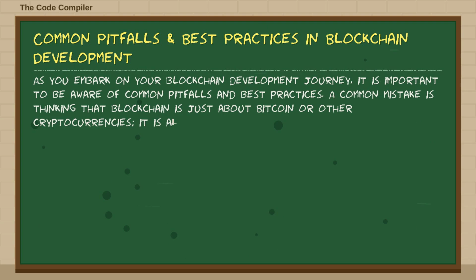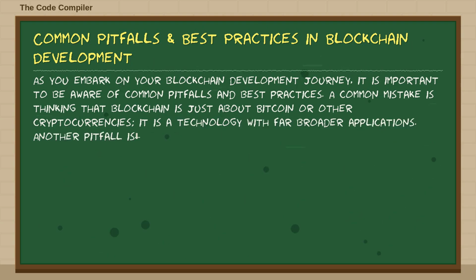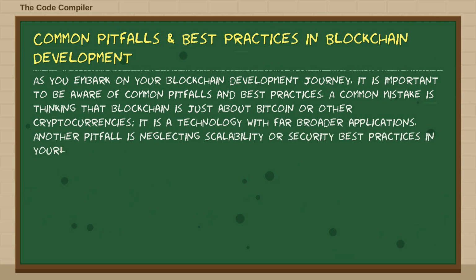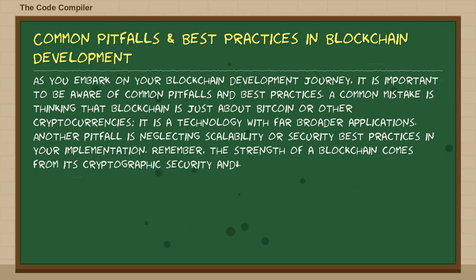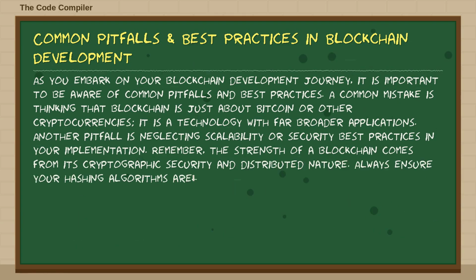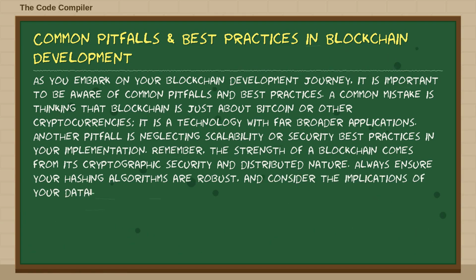Another pitfall is neglecting scalability or security best practices in your implementation. Remember, the strength of a blockchain comes from its cryptographic security and distributed nature. Always ensure your hashing algorithms are robust and consider the implications of your data structure choices.